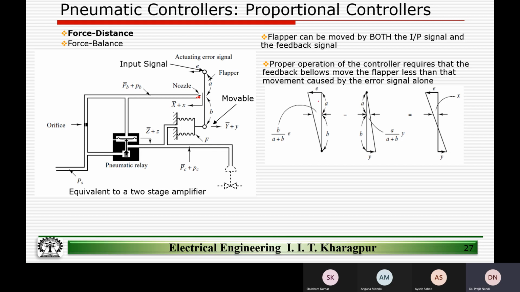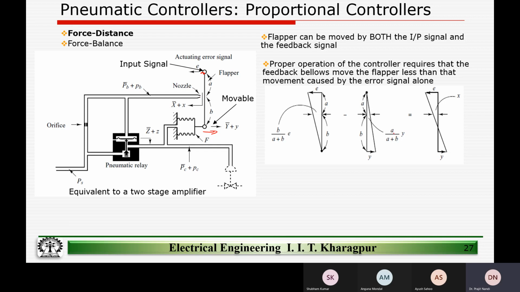It will be a fraction of E, and that fraction is B divided by A plus B, multiplied by E. This is straightforward to understand: you can think of a similar triangle and get this expression. Similarly, when this is thought to be stationary and there is movement here, what will be the movement seen at the nozzle?